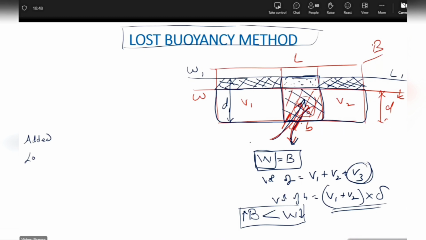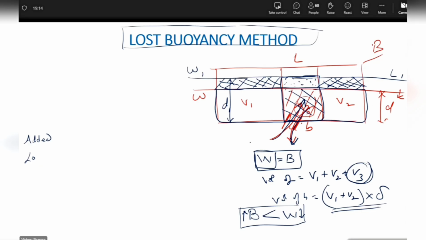There is an imbalance between W and B. In the added weight method, the imbalance was caused by an increase of W, causing the vessel to sink. In the lost buoyancy method, again there is imbalance, caused because of loss of buoyancy. There is no change in displacement, but the buoyancy has reduced, and that causes the vessel to sink.